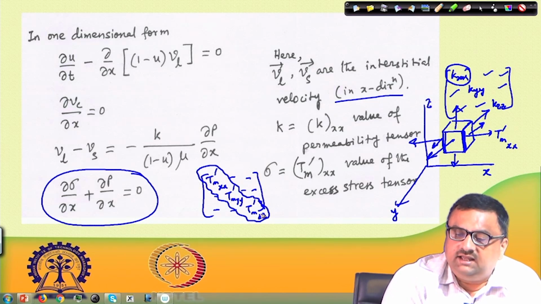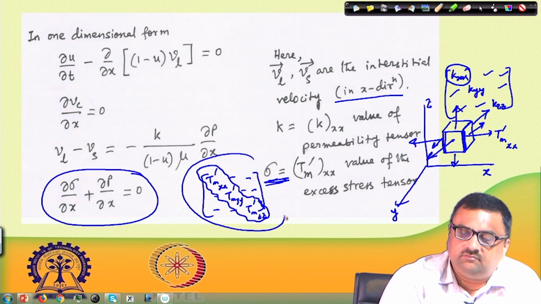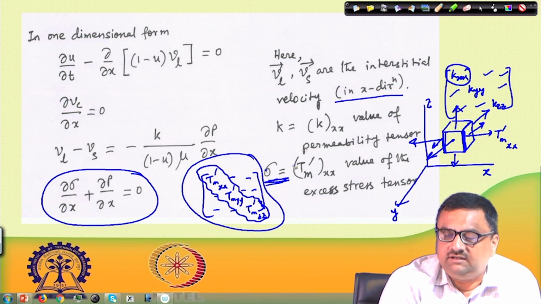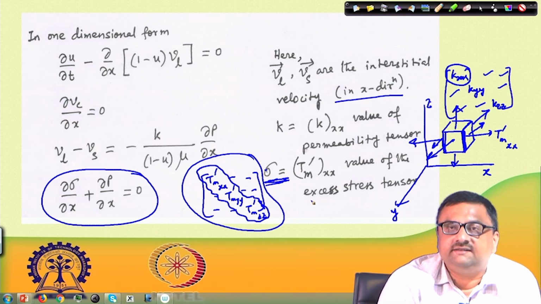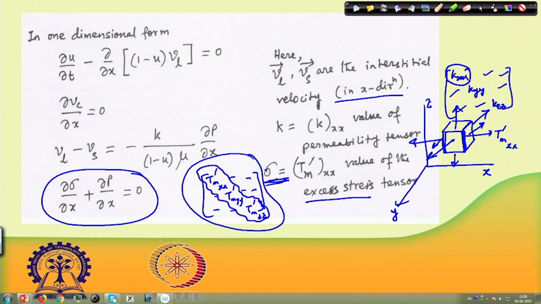So, in this particular problem, sigma would be, and this is true for a fluid flow problem, but in this case sigma is equal to T m prime xx, the xx value of the excess stress tensor, because here we are looking at the excess stress.